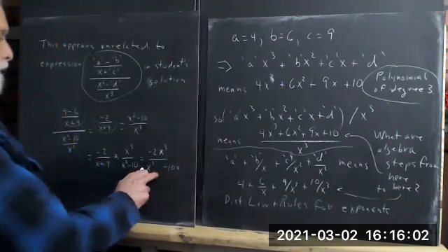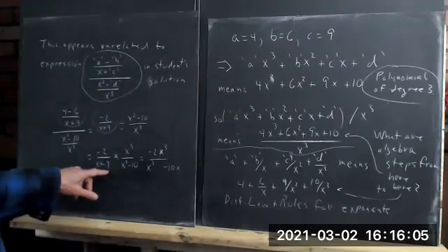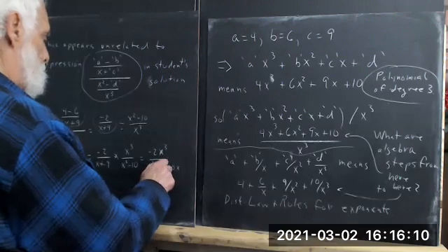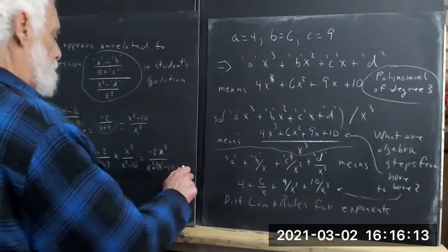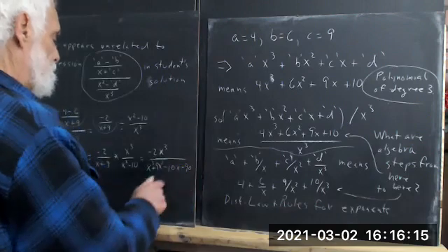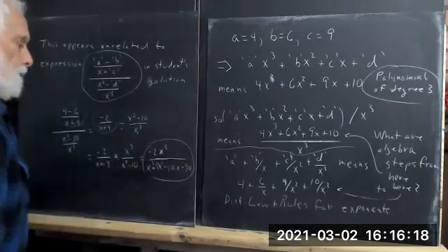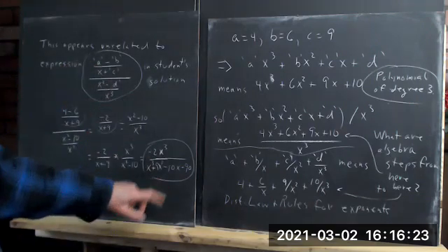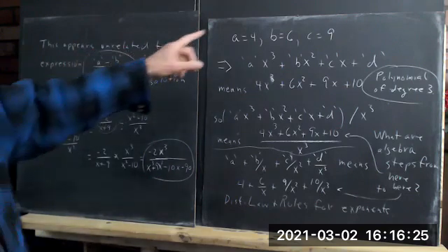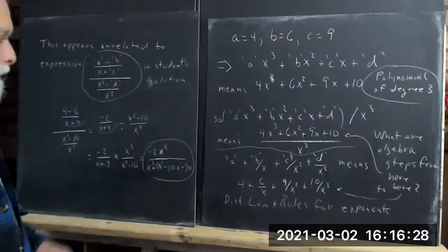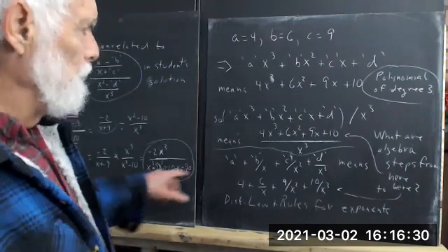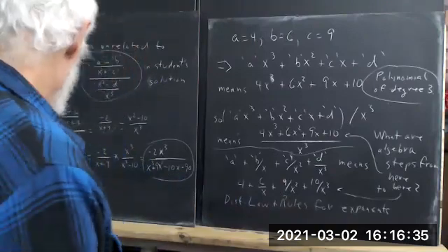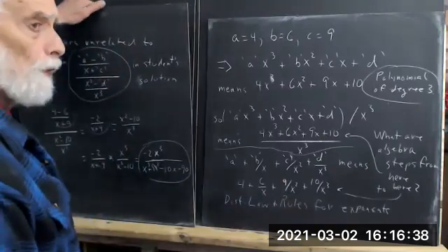And I'll put that over here, leaving me a space, because I know when I do 9 times x squared, I'm going to get plus 9x squared. And then minus 90. So this equals this, if a, b, and c have these values, and this seems to be completely unrelated to this or to this. Okay, well, those are my questions.